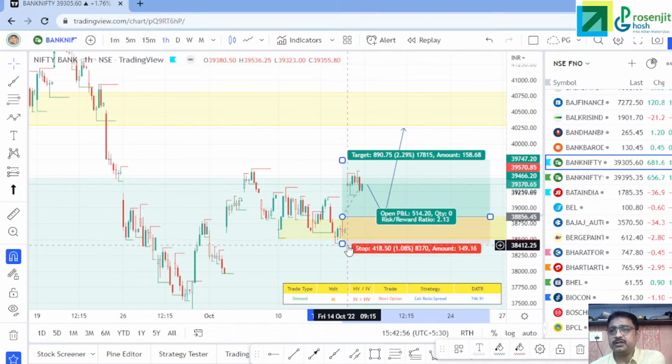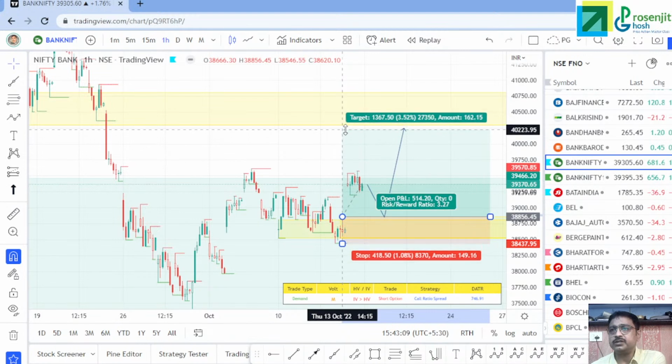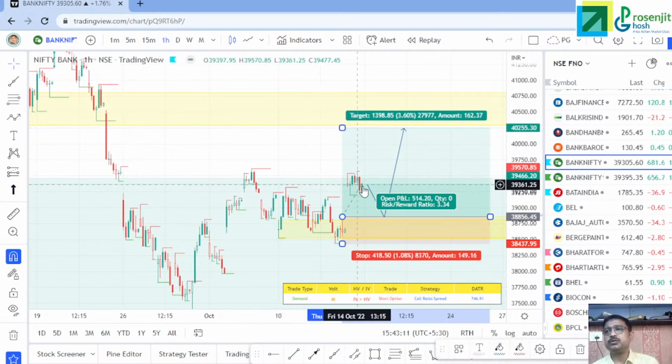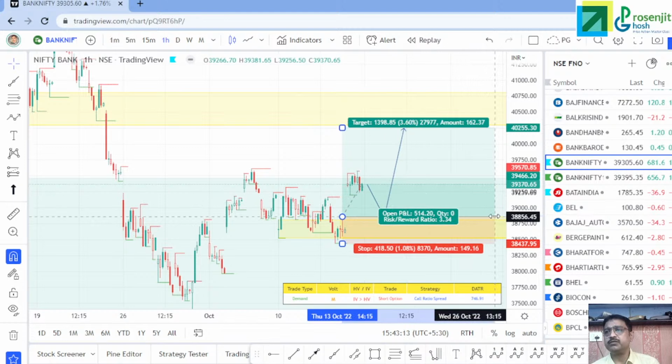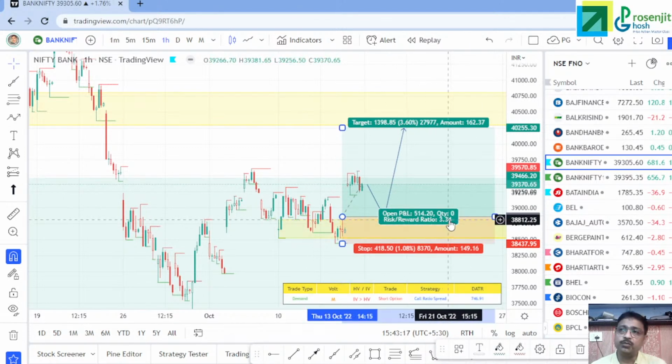So this is the stop loss. I keep my stop loss below a trap zone, and my target based on the opposite trap zone. So when we do this, we get very big trades, RR, which are more than 3:1, 4:1, 5:1, even 10:1, right?